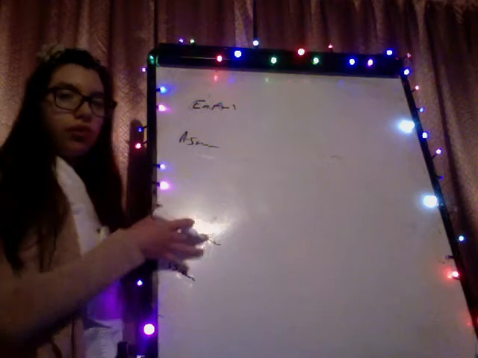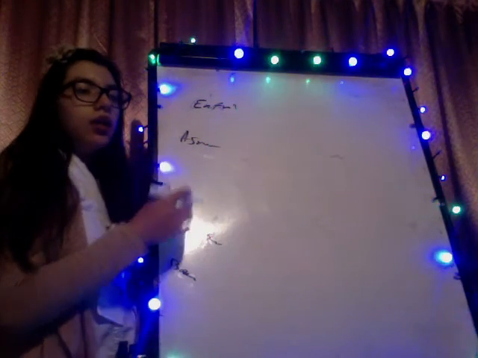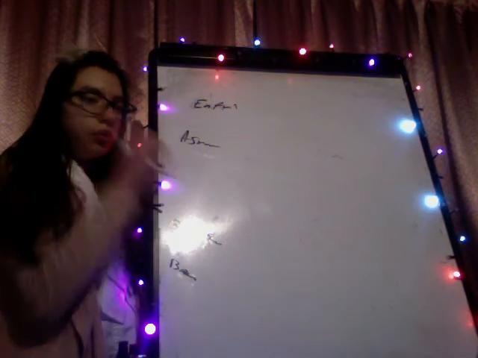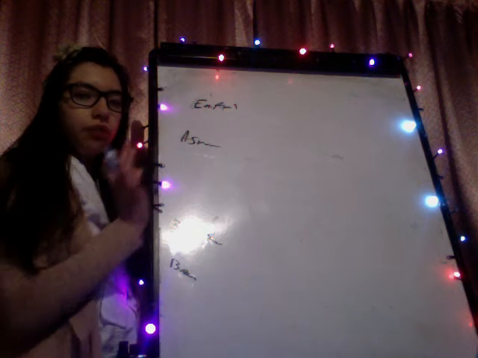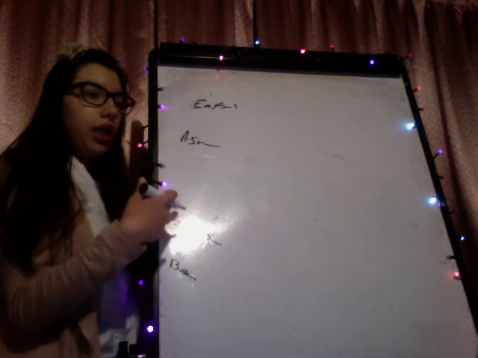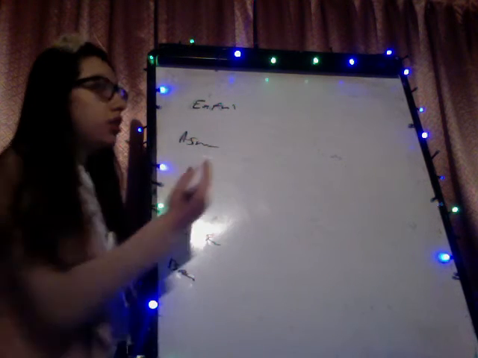All of these have in common that they are obstructive, so we cannot expire all the air that we inhale. So the residual volume, the volume of air that we cannot expire, is increased.